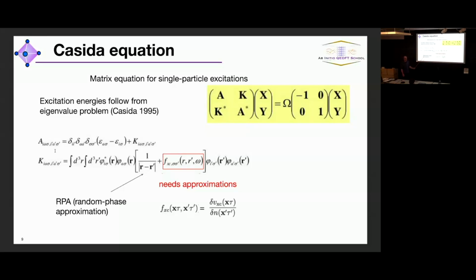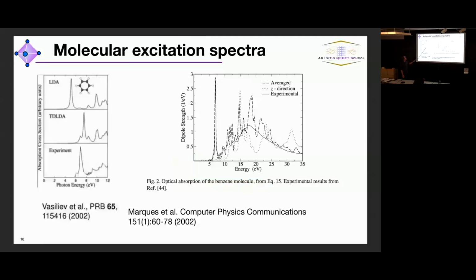We can also include the second term, and this is exactly what they do here for this system. You see that if you do that, the K shifts this peak to higher energy. It's still on the LDA level, so the functional is the same, but now we also use LDA for the kernel in Casida. And then you get quite close to the true peak.